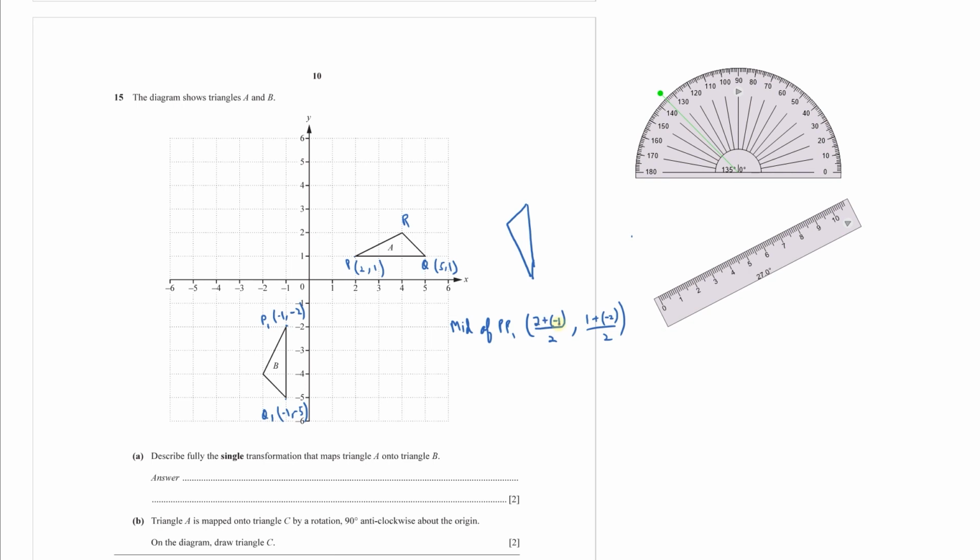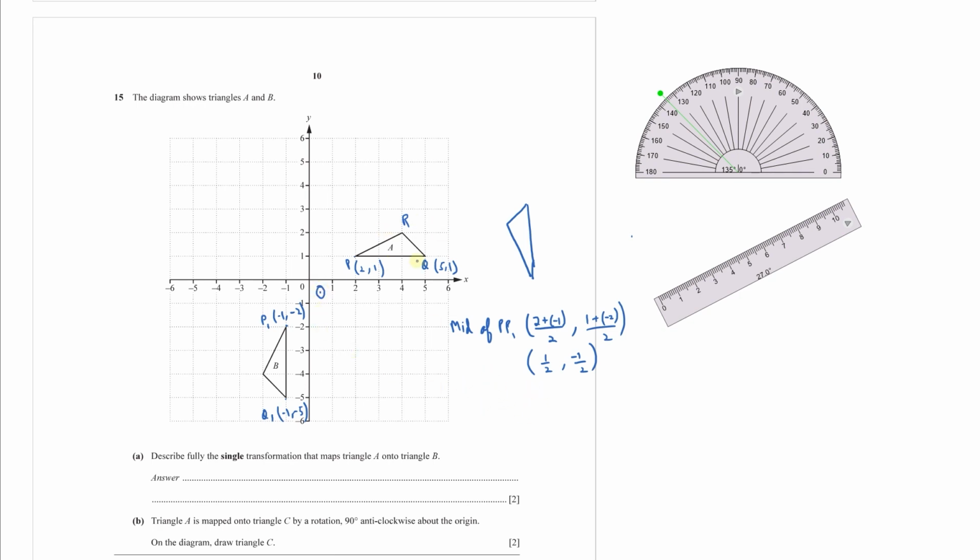So 2 minus 1 is 1, so the x coordinate is 1 by 2, and the y coordinate is 1 minus 2, which is -1, so -1 over 2. So minus half would be right here in the middle. This is one point that lies on the line of reflection.